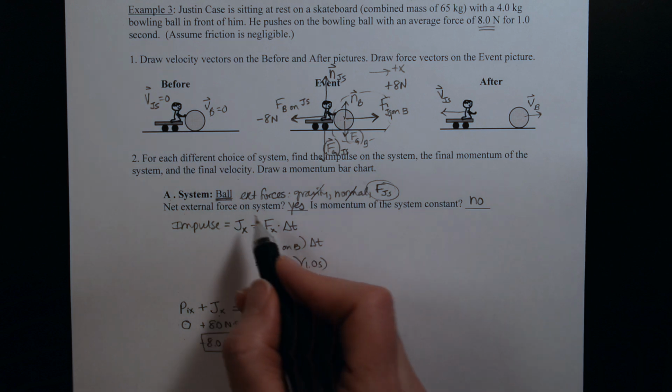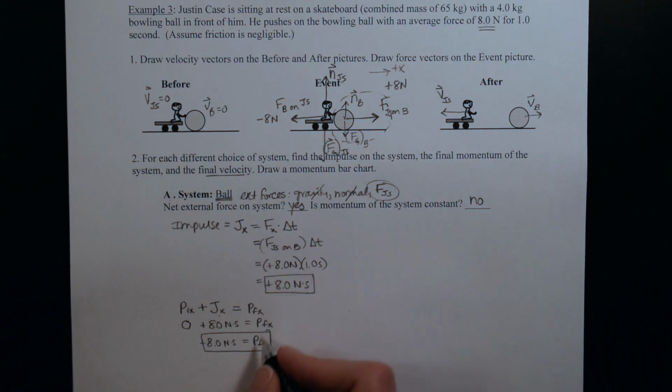And now we need to find the final velocity of the ball. Well, momentum is just mass times velocity, so I'm just going to continue here. So mass times final velocity equals 8. And the mass is 4 kilograms for the ball. Maybe I should put that this is for the ball.